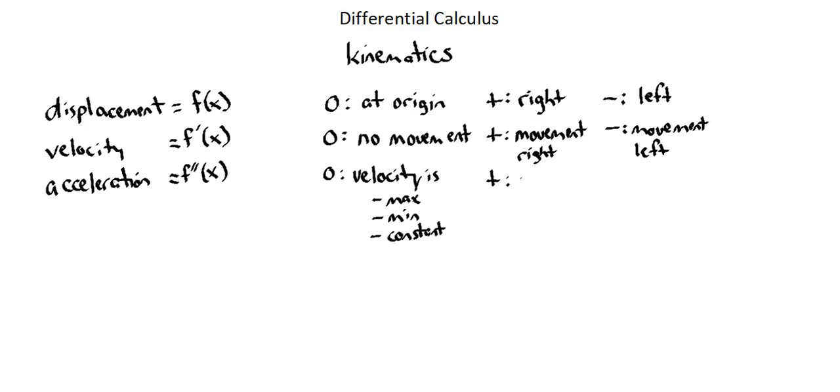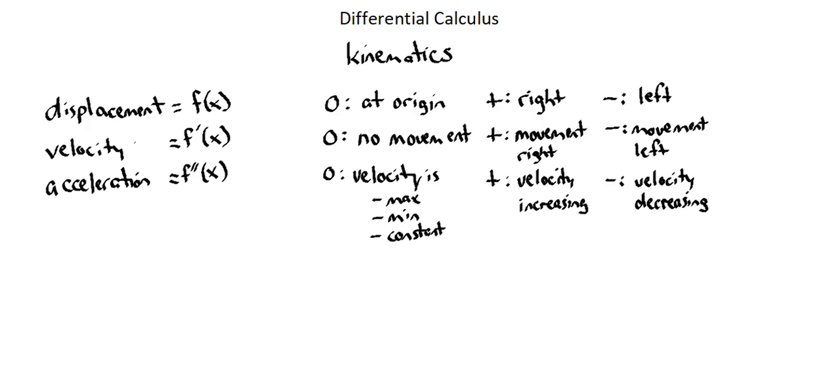Positive output, velocity is increasing. And a negative output, velocity is decreasing. So we can interpret the outputs of our three functions based on this analysis.